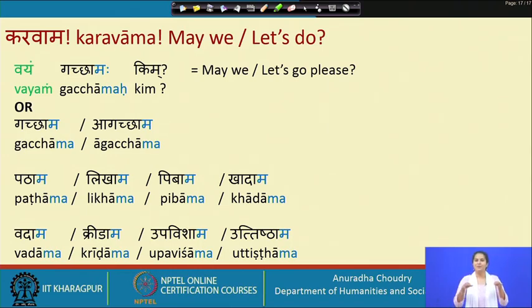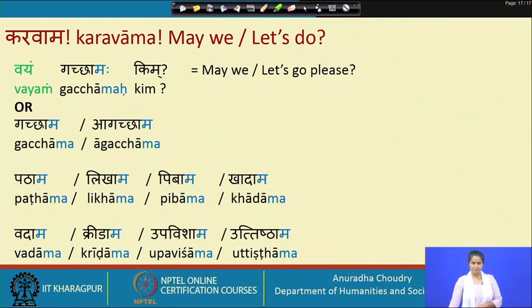Upavishamaha, upavishama. Uttishtamaha, uttishtama. Uttamam. So I hope you've got a hang of this now. It's very easy. The imperative is really easy. So if you know the present tense very well for the plural of the first person, all you need to do for the common words at least is to just remove the aspirated sound and you will get the plural for the imperative for the first person.